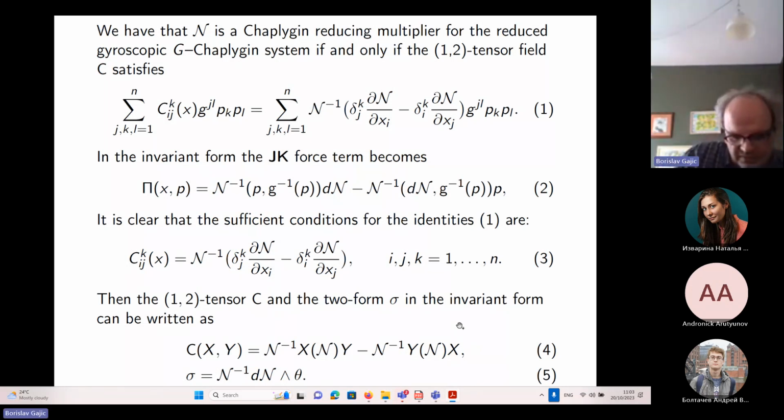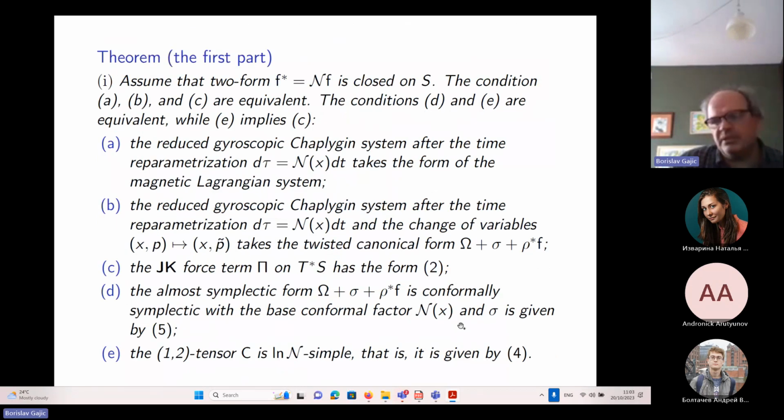Generally speaking, after we have this theorem, this is a retrospective of what we presented. We have that A, B, and C are mutually equivalent, D and E are mutually equivalent, and from D or E it follows one of A, B, and C. So the reduced Chaplygin system after the time reparametrization takes the form of the magnetic Lagrangian system.